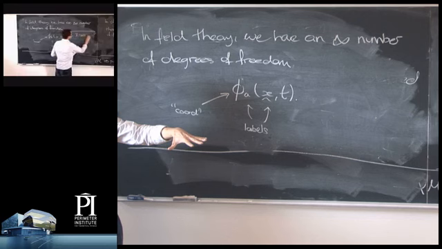So if you think back to standard particle mechanics, the Lagrangian is typically a function of the positions of the particles and their velocities. So the analog here is the value of the field, the time derivative of the field, but now the field is also a function of space. So we're going to include in this spatial derivatives of the field.